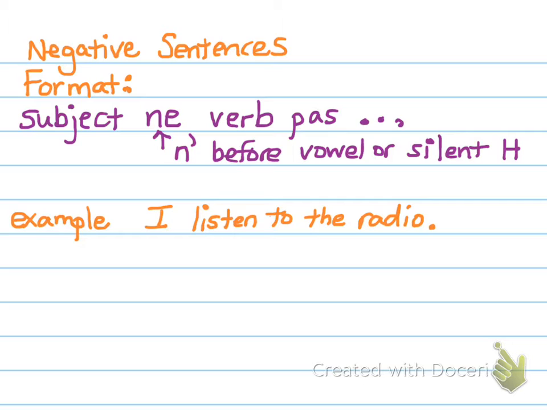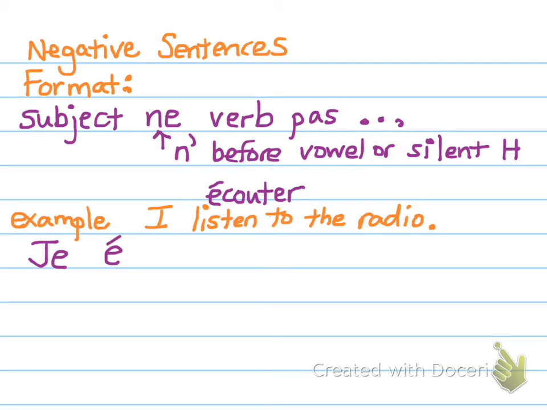So if I want to say I listen to the radio, let's write that sentence first, which is not a negative sentence, but this is a good practice. The subject for I is je. Listen is écouter, and that's my infinitive. So I'm going to take off my ER.